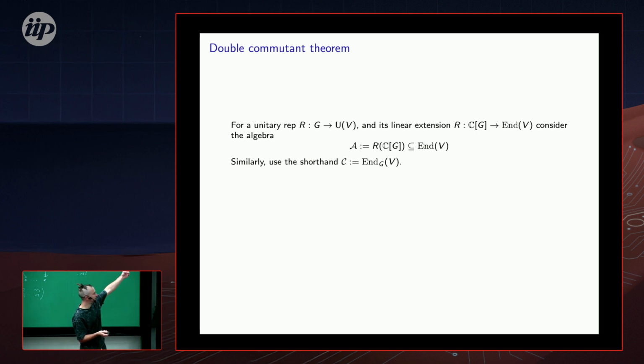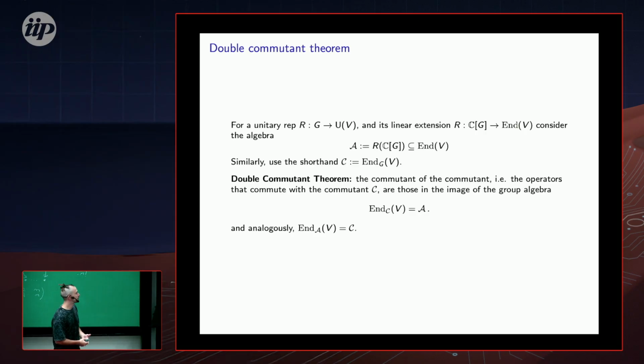So we now have two algebras, A and C. A is mapping group algebra elements into linear operators. C is the linear operators that commute with the group. The double commutant theorem says that the things that commute with the things that commute with the group are the image of the group elements. And analogously, the things that commute with A will be essentially C. It looks kind of tautological, but it's not.